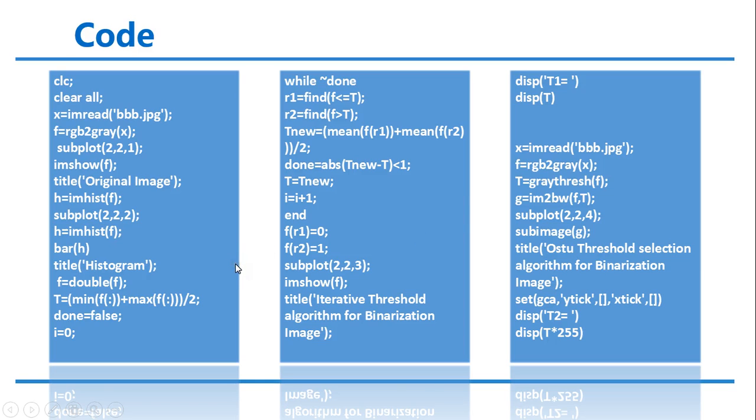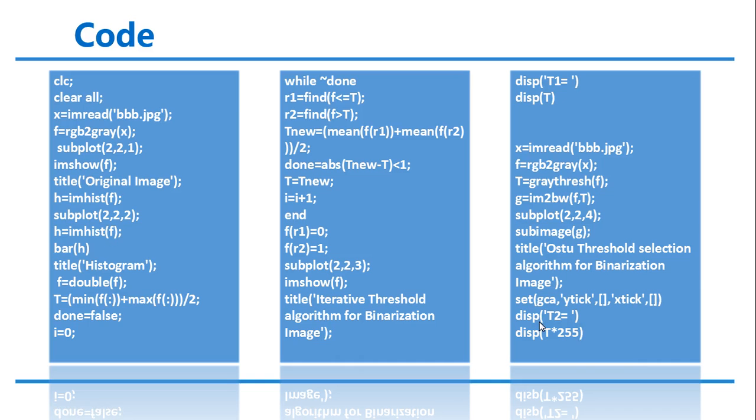But sometimes the results cannot be distinguished directly by eye, so I use a command to display the value of the threshold. You'll see T1 here and T2. One thing I want to point out is that when we use the Otsu method, the threshold value we get is a normalized result, so we must multiply by 255 to get the 8-bit result.